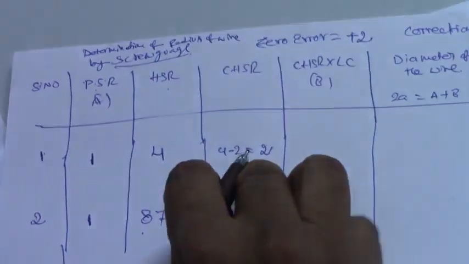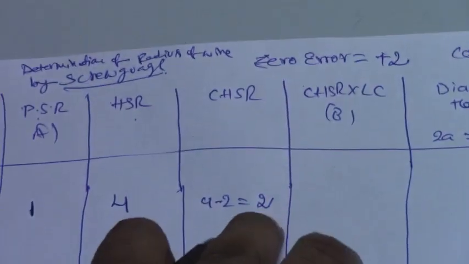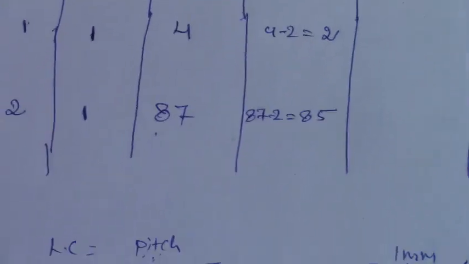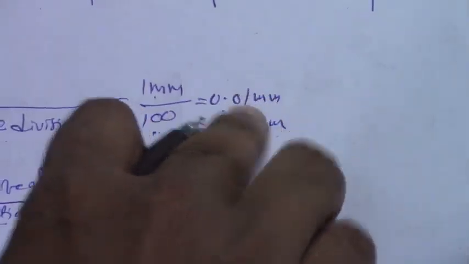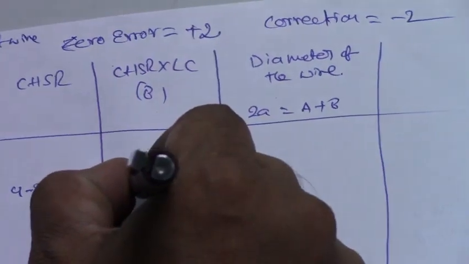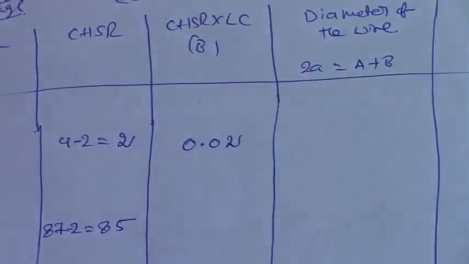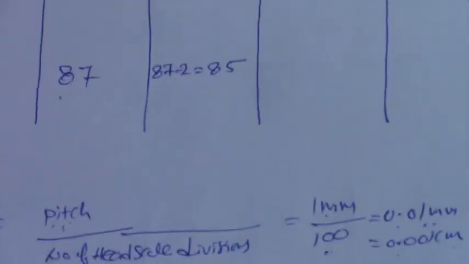Next calculation is what? CHSR, corrected head scale reading, into least count. So here in the first case CHSR is 2, into the least count of the apparatus in mm, 0.01, which gives CHSR into LC as 0.02.